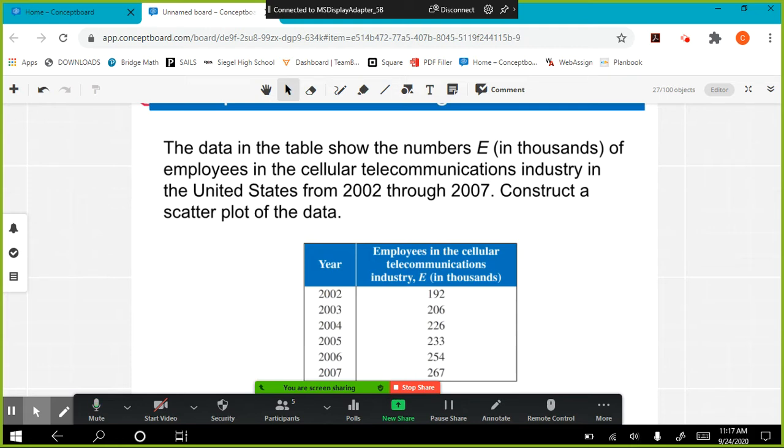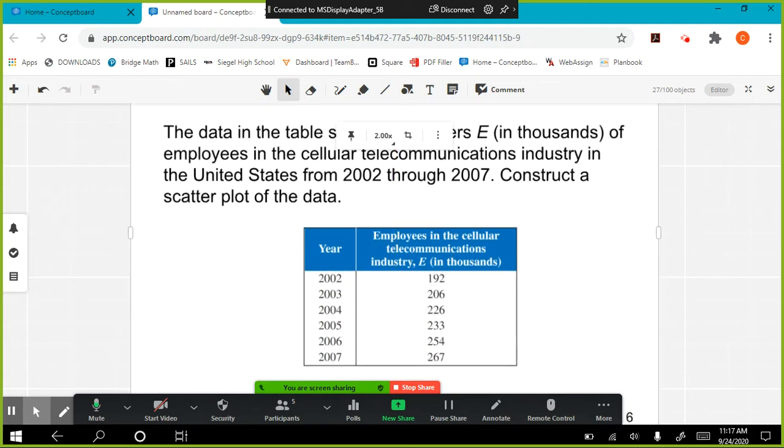Now, a lot of times you'll have to change the units on your graph to make sure the data fits on there. So if you'll notice here, in the year 2002 there was 192,000. In 2003, 206,000, and so on down through 2007, where there's 267,000 employees.